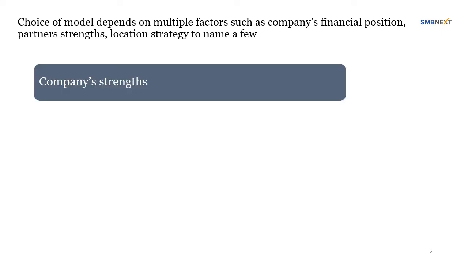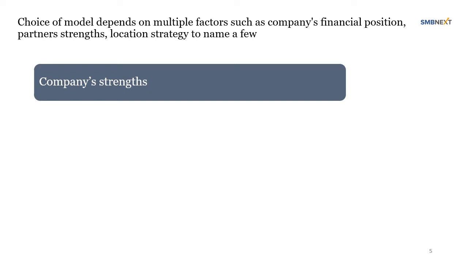The first factor is the company strength, your company. If I am a brand, what is my company's strength? Maybe I am an online brand. I have a very strong online presence, but I don't have any offline presence or experience with offline selling, but my strength is the huge online community that I have. How can I leverage that strength to make my franchising model a success?